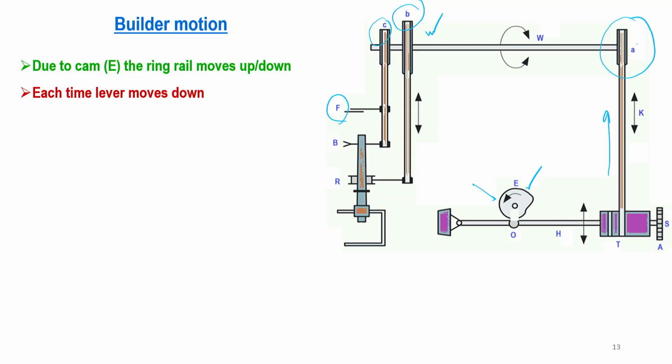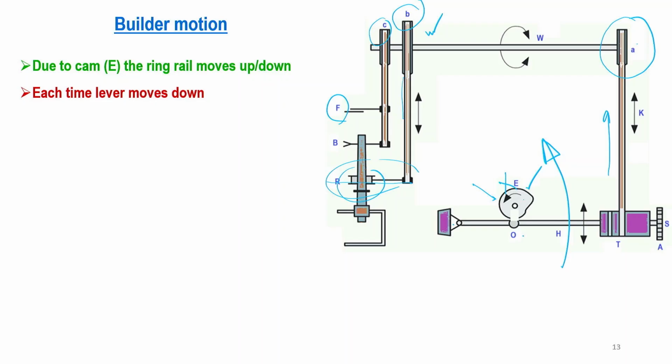So, the total ring rail is hanging on this rope, and if there is no restriction, suppose there is no cam, in absence of the cam, this lever will simply move upward because of the load, and there will be free fall of the ring rail. So, that ring rail free fall is restricted by the cam.